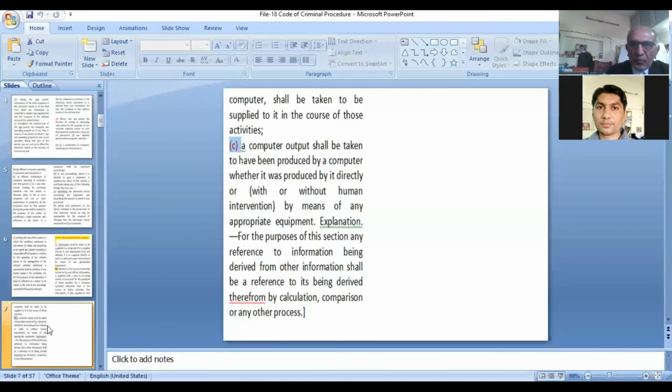Computer outputs being the outputs of a machine, and there is a big difference between a man and a machine. Therefore, the special situations relating to the machine are being dealt with here to ensure the truthfulness, authenticity, accuracy, security, and all connected aspects of the secondary evidence being permitted in this section.